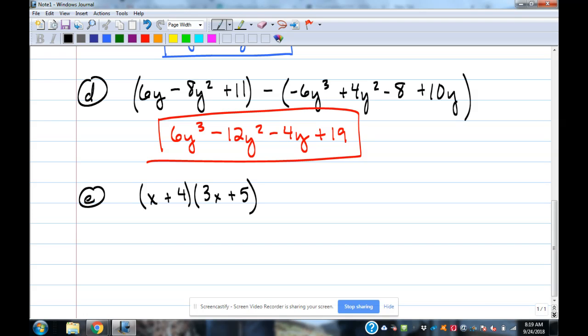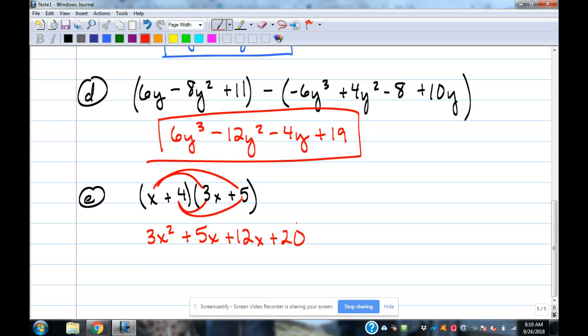Okay? So x times 3x, 3x squared. X times 5, 5x. And then we distribute 4. Positive 4 times 3x, 12x. Positive 4 times 5, 20. And then we go back to adding and subtracting polynomials. Okay?